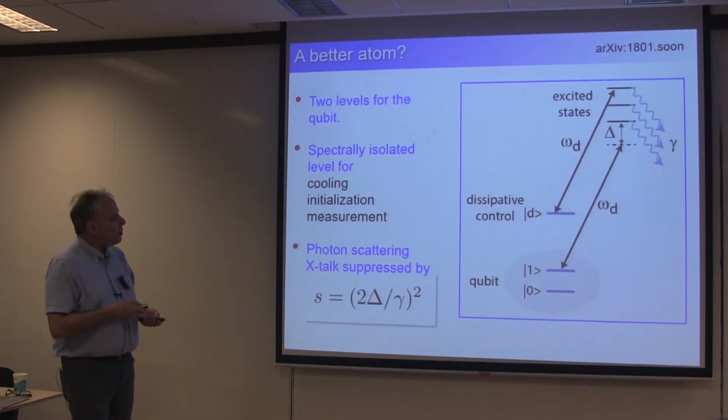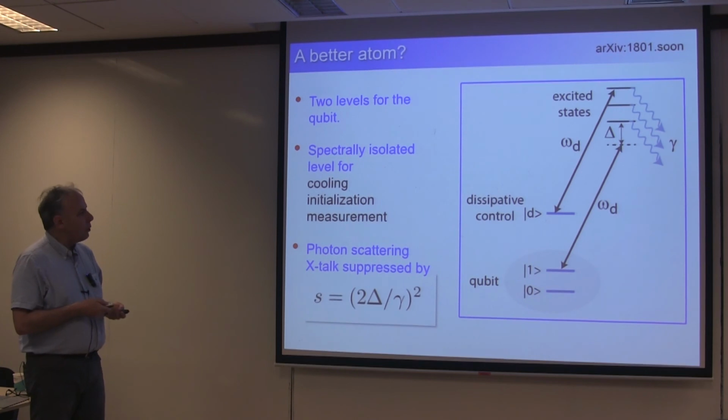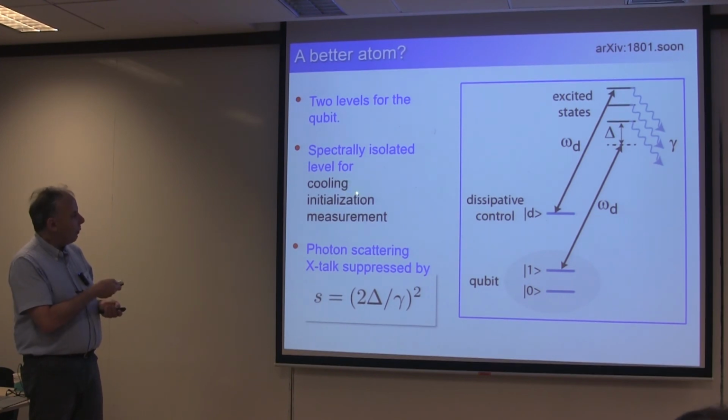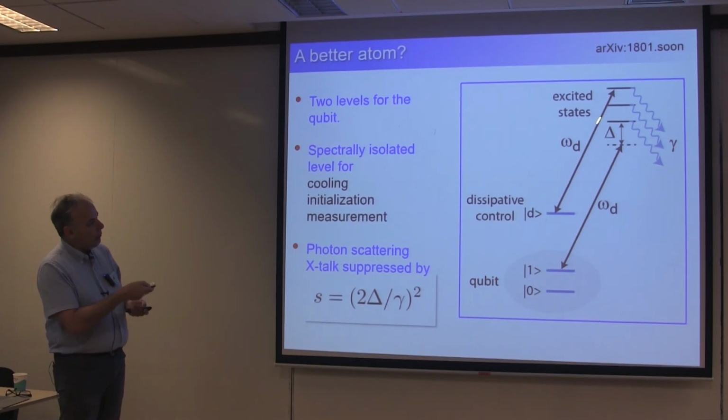So the idea is to have an atom with multiple levels where 2 levels can be used for the qubit, for example, 2 levels here, and then a spectrally isolated level that I'll call my dissipative control level D here that we'll use for cooling, for initialization, and measurements. And we do that by coupling this level up to some electronically excited state.